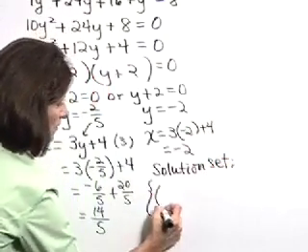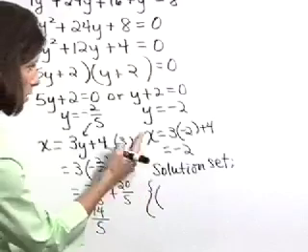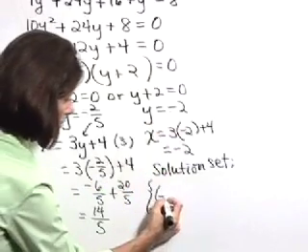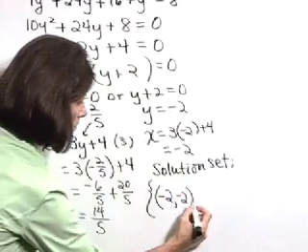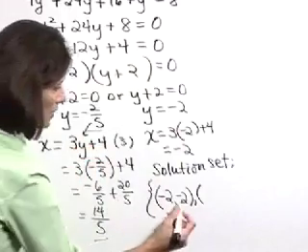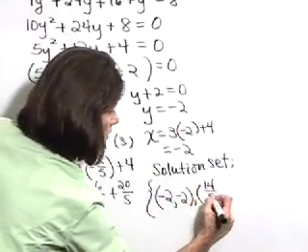This solution set contains the points right here where x is negative 2 and y is negative 2. And over here where x is 14/5 and y is negative 2/5.